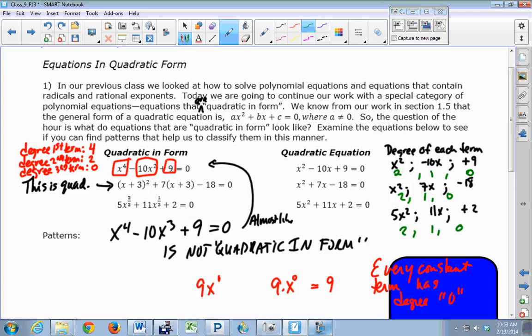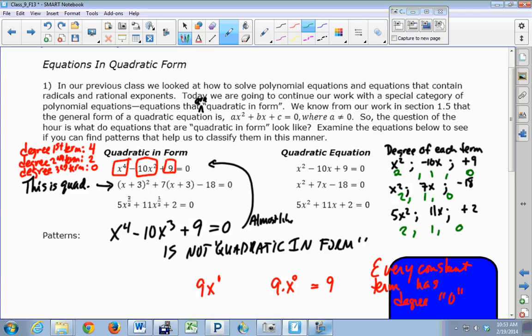Or you can say, as I move left to right, I divide by 2. 2 divided by 2 gives me 1, but then I can't say that because I don't get 0. But what you can notice is that the relationship between your first term and your second, the degree, is a 2 to 1 ratio, or a 1 to 2, depending on which way you're looking at it. Look at here. 4 to 2 is a 2 to 1, or to go from right to left, I'd multiply 2 by 2 to get 4, a 1 to 2 relationship.